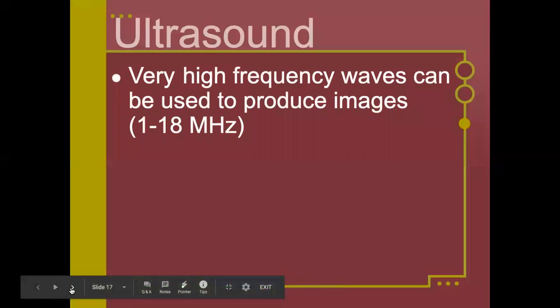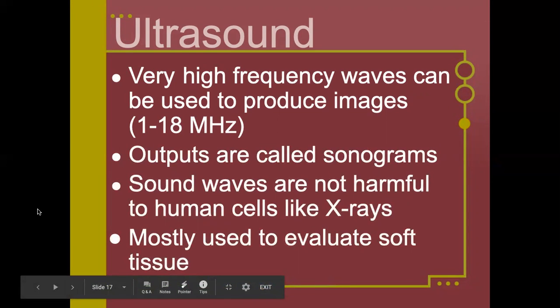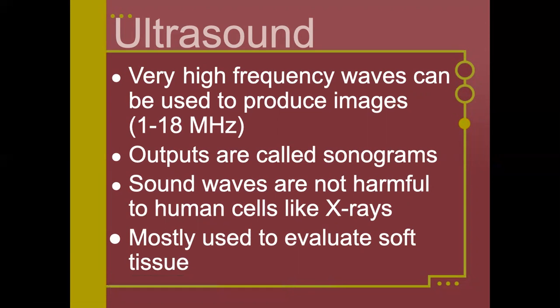The other application of sound that we can talk about is ultrasound. Ultrasounds are used in medicine to map the same way sonar is used. It's just a much, much higher frequency. We're talking frequencies in the millions of hertz.